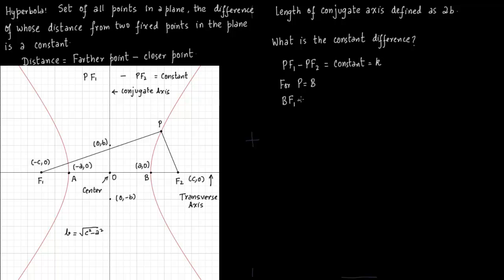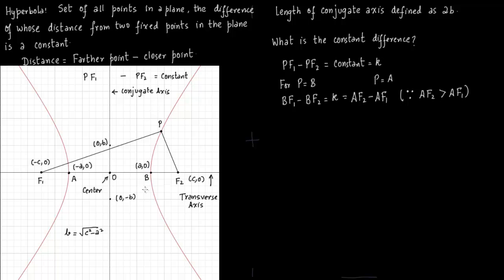First step, you fix P equal to B. Then you have BF1 minus BF2 is k. Second thing, you put P as A. Now we have AF2 minus AF1 is the constant. We are saying AF2 minus AF1 because it is longer distance minus shorter distance.